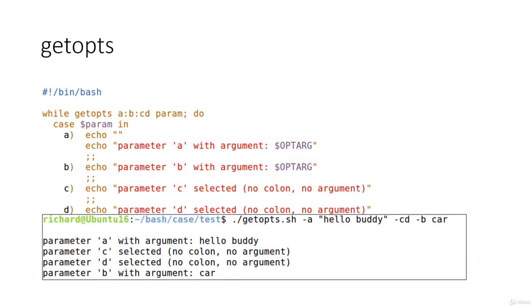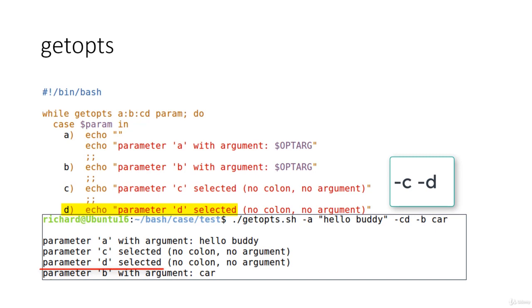Here we can see an example when running this script with parameter a with argument hello body, with parameters c, d, and with parameter b with argument car. You can see that even if we specify -cd, Getopts handles this as -c and -d.